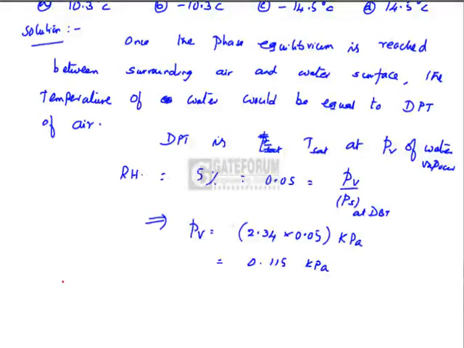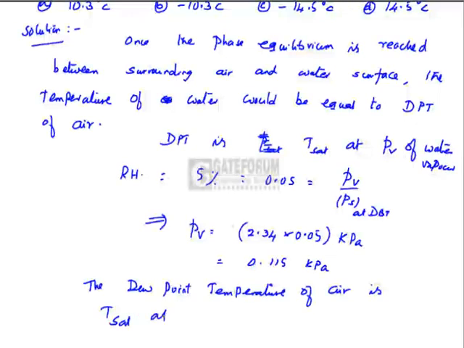Once we get the PV, the dew point temperature of air is Tsat at PV.